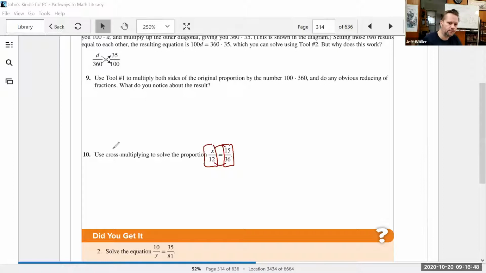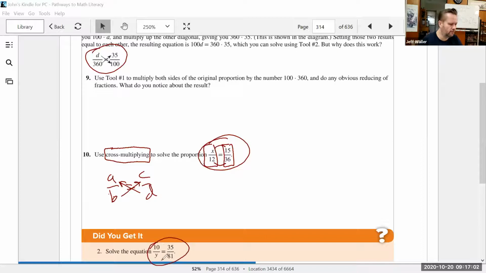In fact, I really want this understood too. In order to use cross multiplication, you need fraction equals fraction. And then you can cross multiply. See how that shape is in each of these? If I had an equation that looks something like this, I can't use cross multiplication because it's not one fraction equals one fraction.